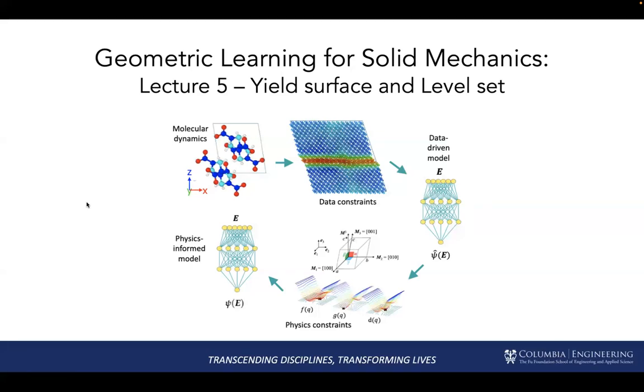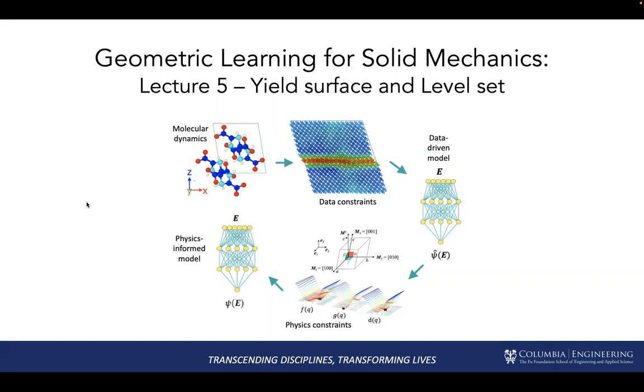Today I would like to talk about another type of plasticity and the corresponding machine learning strategy to actually create a model for that. I will cut it into two parts. In this part I will talk less about the machine learning, but just talk about the major idea of how to set up the problem.